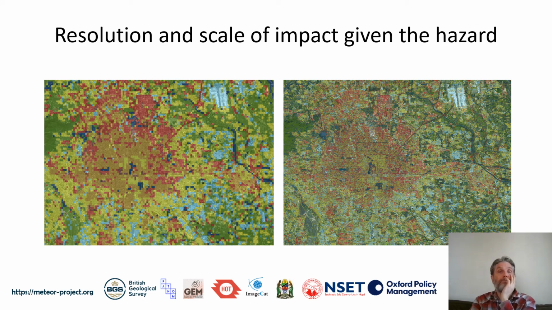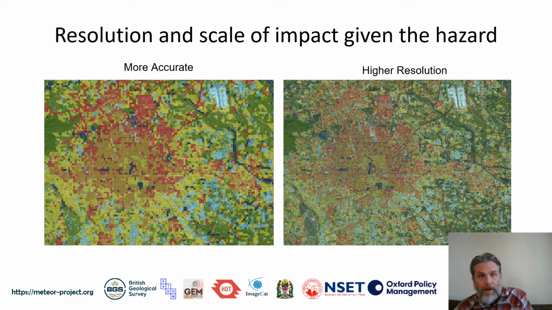Here are the two data sets that I had introduced, the classified image and the classified image aggregated up. That aggregated data is going to be more accurate in terms of the number of building estimates and the distribution of buildings, because if you're trying to distribute buildings at this tiny speckled level, you're going to barely have a building to distribute.